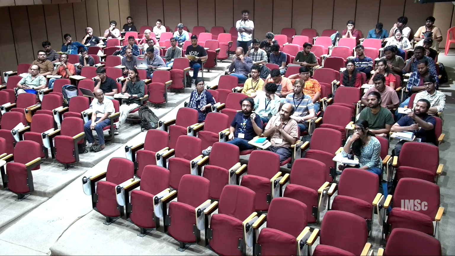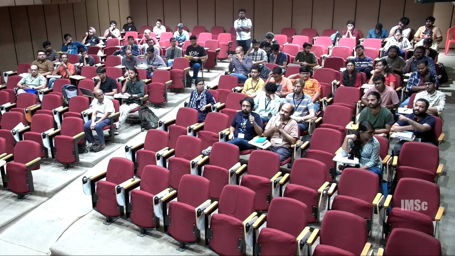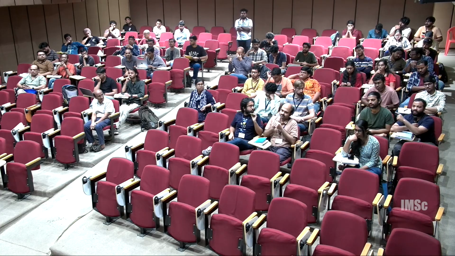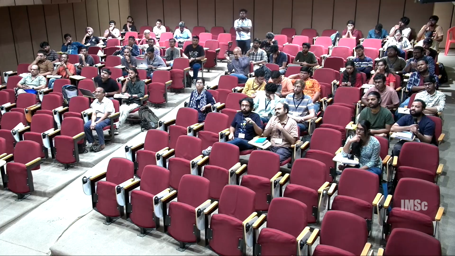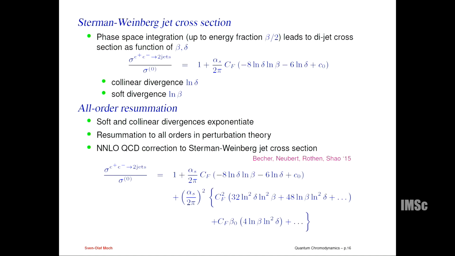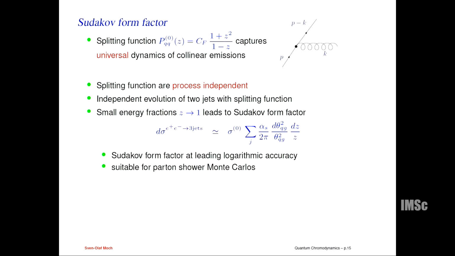I see. And the other point is this cross section, and if you look at this two jet event cross section that you have written, that contains log delta and log beta. So can we match these two? Like if I try to equate, I want to map log into epsilon. Can I do that? In principle, you can. I mean, you have here 8 and 6, so you remember the numbers.